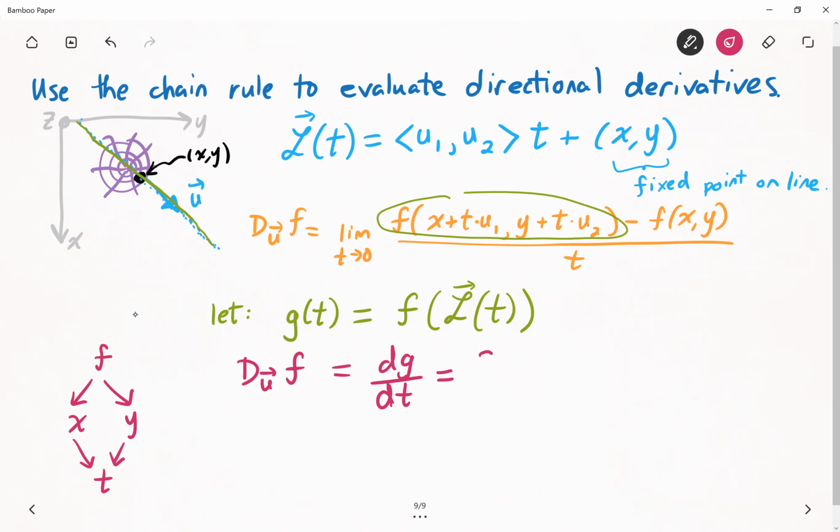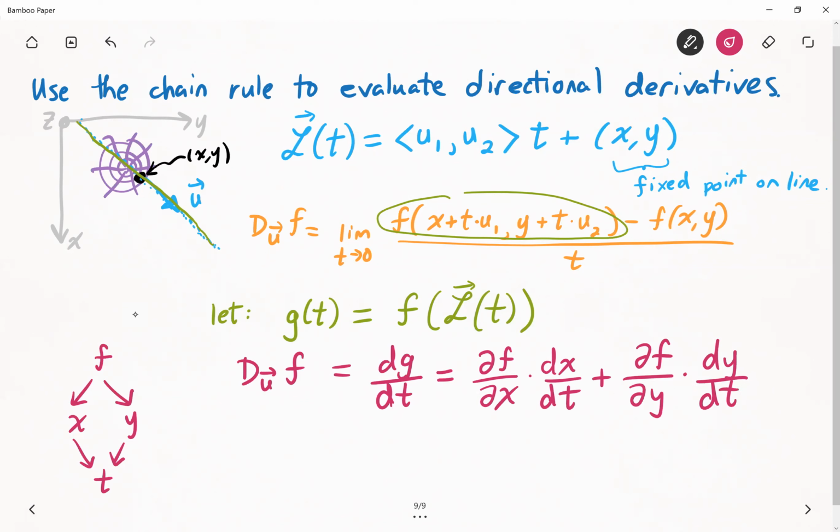So the derivative here can be calculated as df dx times dx dt plus df dy times dy dt. Right?